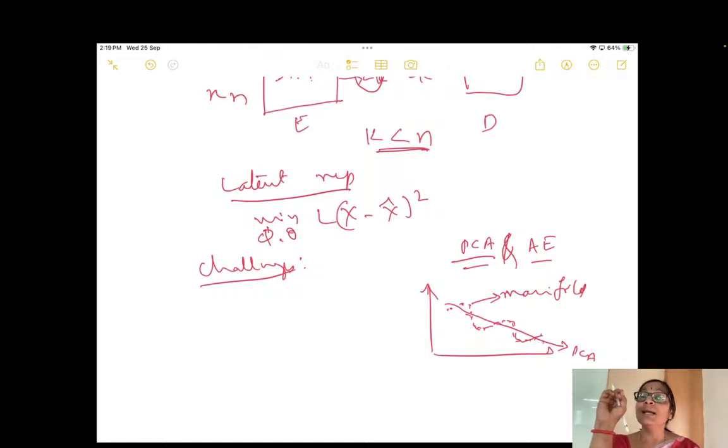So the autoencoder, with whatever latent space representation features you are learning, learns the manifold of the distribution of the data. That is a major difference. You are learning the manifold representation of the data. That means you are remembering the data. You are memorizing the data. But if I memorize the data exactly, what are the challenges?